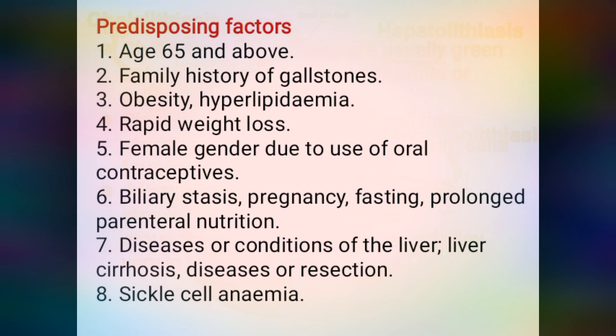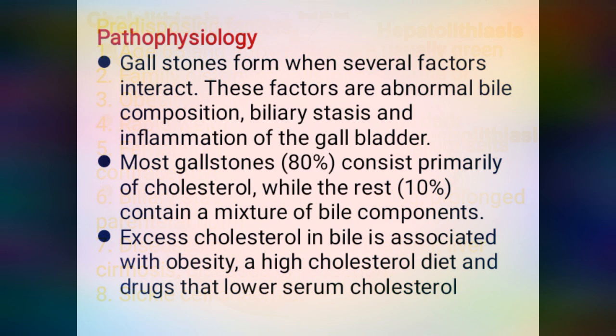Sickle cell anemia. Sickle cell anemia is known to have the effect of excessive destruction of red blood cells, which increases the levels of bilirubin, which also has an impact on the cholesterol levels found within the vessels, hence predisposing a person to have stones within the gallbladder.